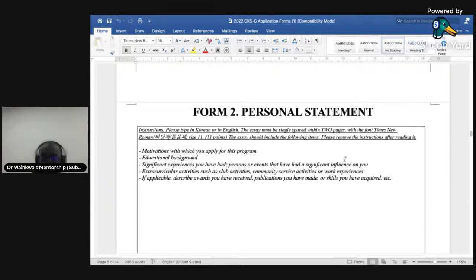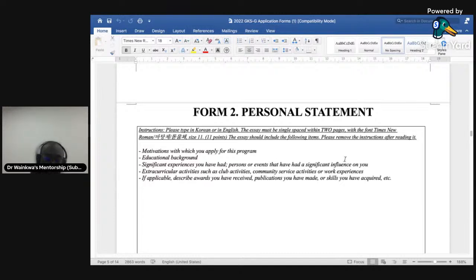You should write in the language which is best suitable for you, because some people think that writing in Korean will impress them. No, they will not. People are not really going to be impressed by that.